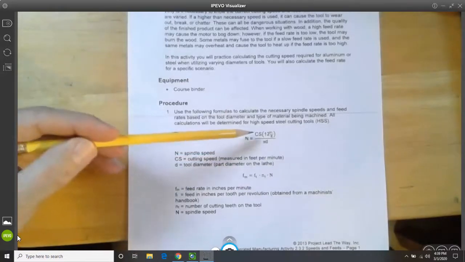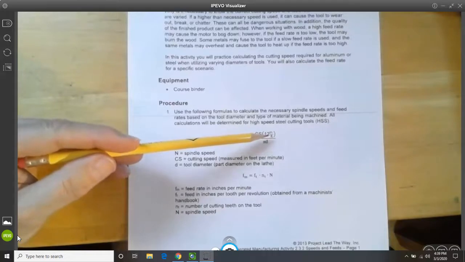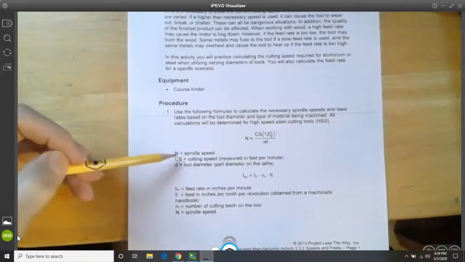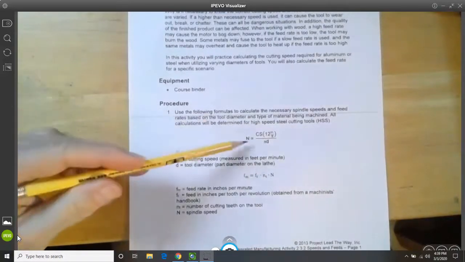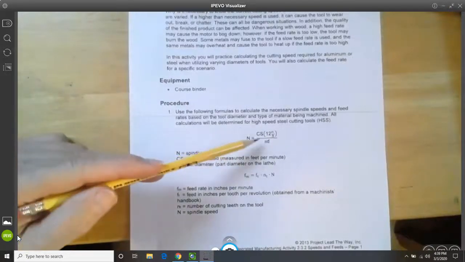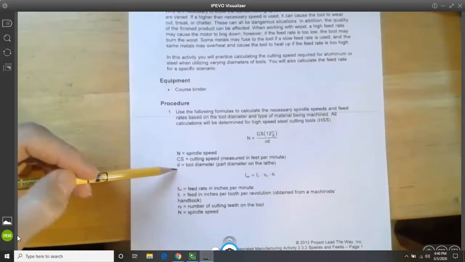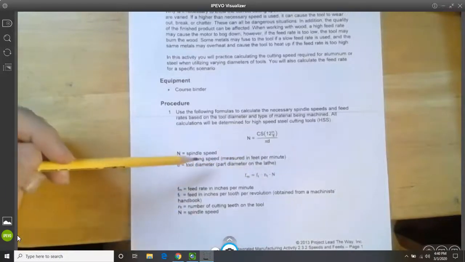N equals the cutting speed times 12 inches per foot, divided by pi times D. N is what we are calculating, that is spindle speed. CS is the cutting speed, measured in feet per minute. And D is the tool diameter, the little d right there.